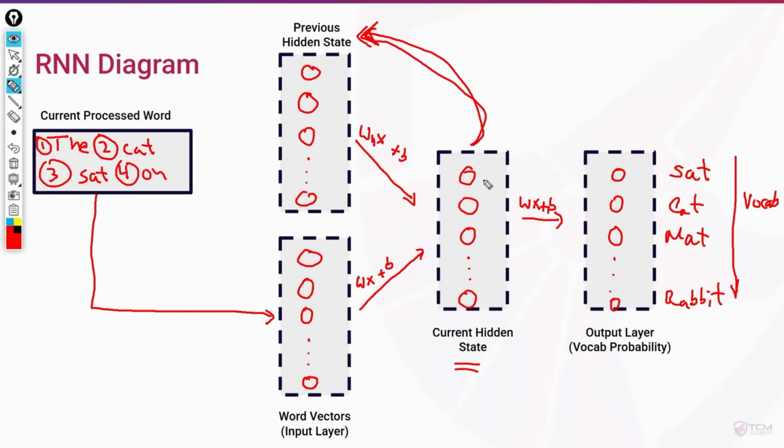So of course, our prediction is going to be based on the word vector and its weights to the current hidden state and to the previous state. So we take into account some of the context of the previous state and some of the current word that's being used. And then of course we have this other set of weights and biases here that are learned. And what this does is it allows the model to learn and predict from the context as well as the word vector that's being input.